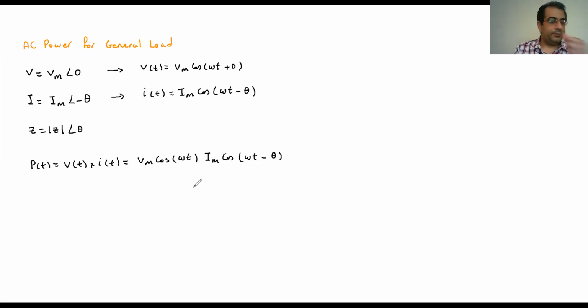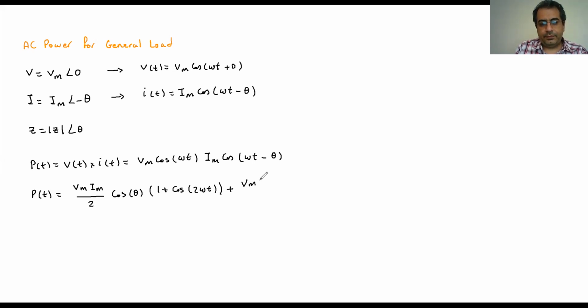If we do some trigonometry and calculation, eventually the instantaneous power for a general load comes out as Vm Im divided by 2 cosine theta times 1 plus cosine 2 omega t, plus Vm Im divided by 2 sine theta sine 2 omega t.